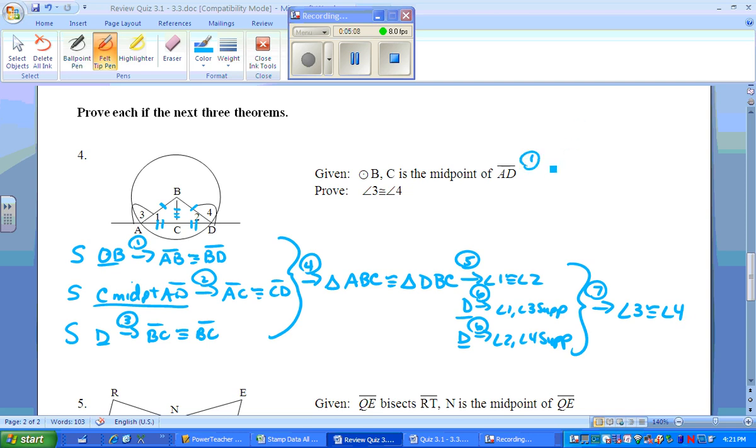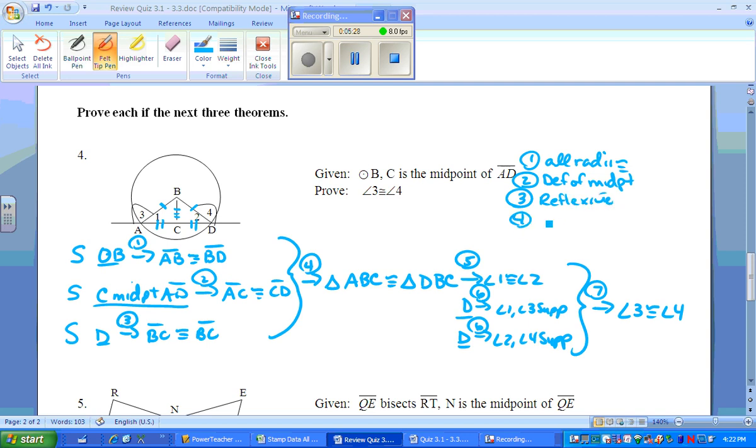We have 7 reasons. Reason 1 is all radii congruent. 2, definition of midpoint. Reason 3, we have reflexive.